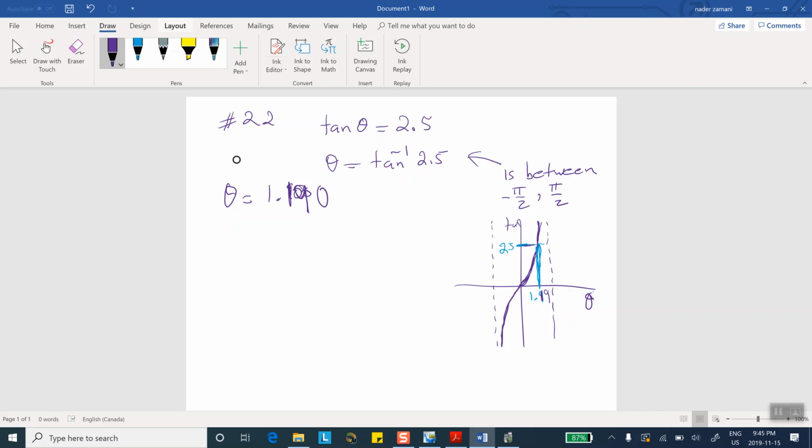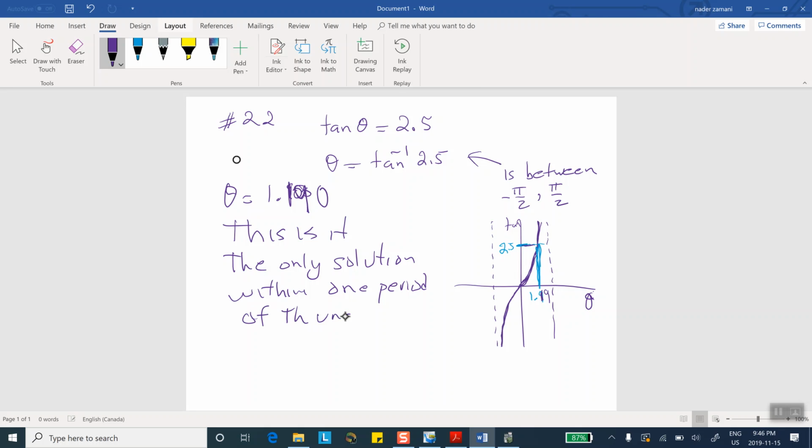The answer is no. This is it. This is the only solution within one period of the function. Okay, this is one period of the function.